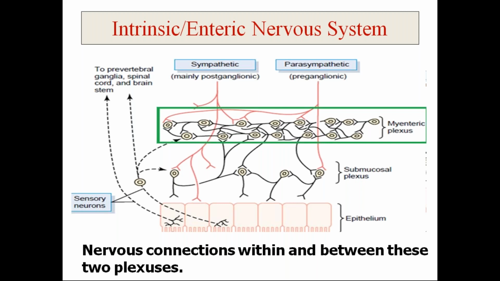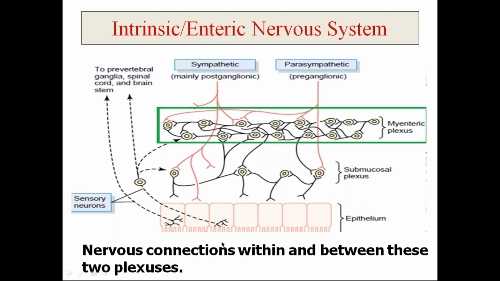One was the myenteric plexus, located between the longitudinal and the circular smooth muscle layer, that is your muscularis externa, and second was the submucosal plexus, which is present outer to the submucosa, between the submucosa and the muscle layer, right? So here you can see that the fibers are mainly synapsing with the neurons of the enteric nervous system.